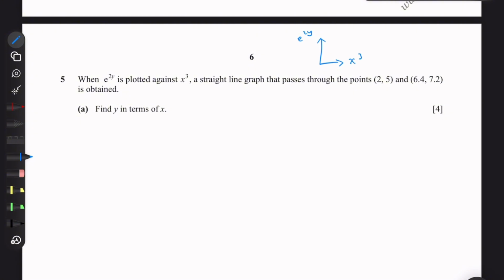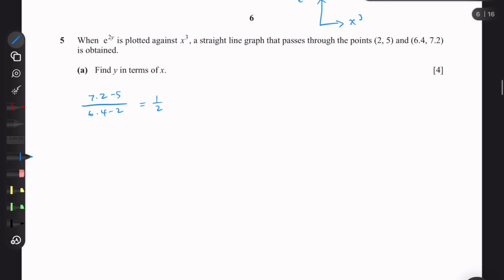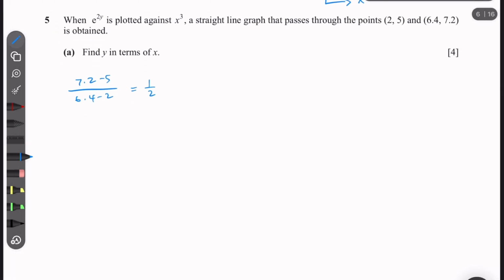We can firstly find the gradient using the points. And then we can use y equals mx plus c to find the constant, since we already have the coordinates that we can use.